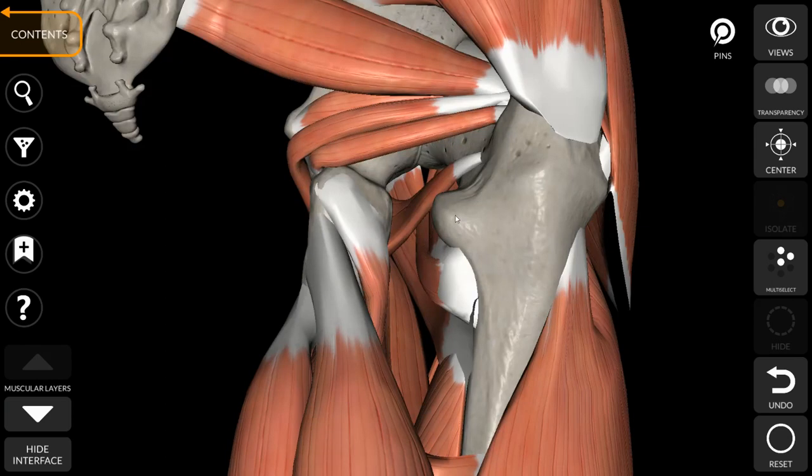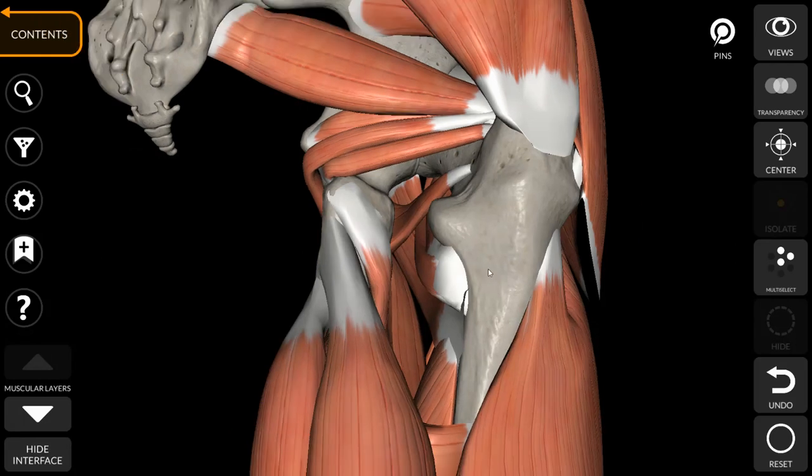From the lesser trochanter moving downward, you can see this line, the pectineal line. Medially we have the pectineal line, laterally we have the gluteal tuberosity. Both of these structures move downward and form the linea aspera of the femur.